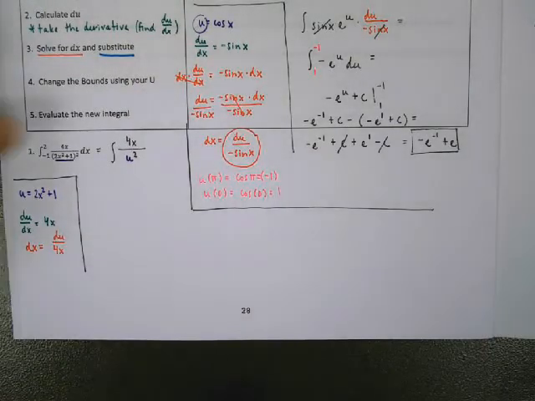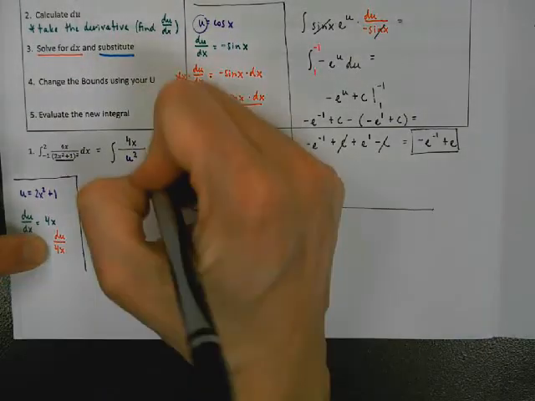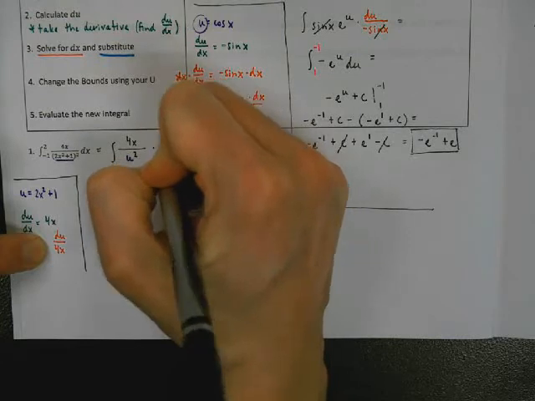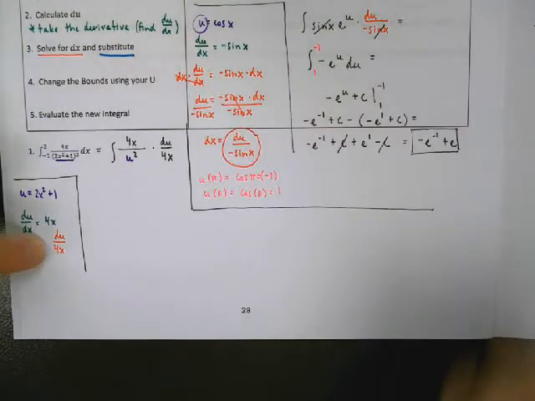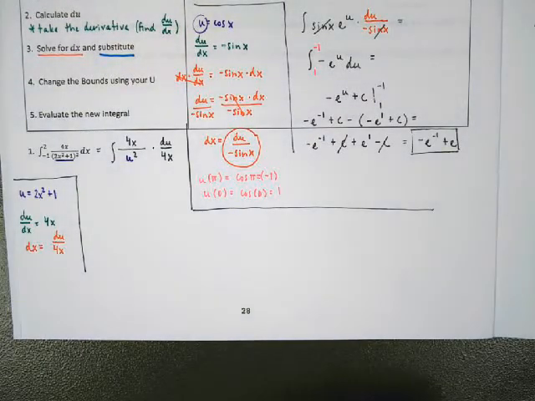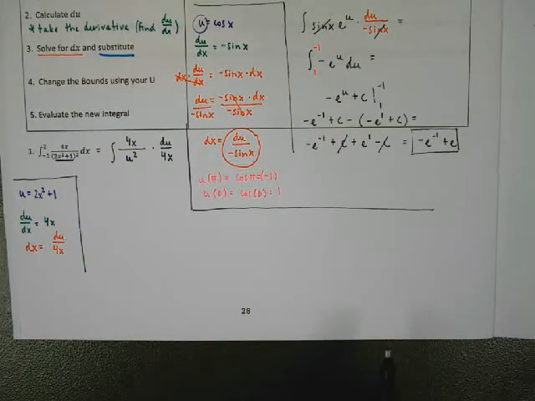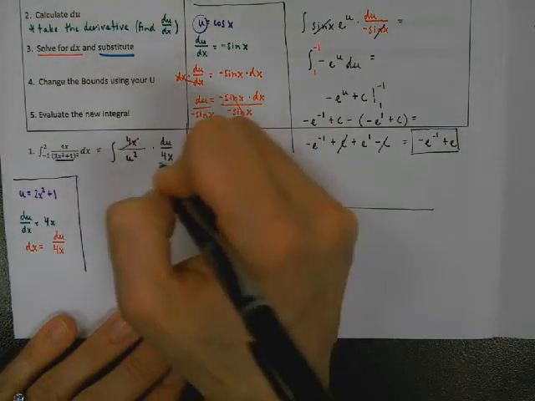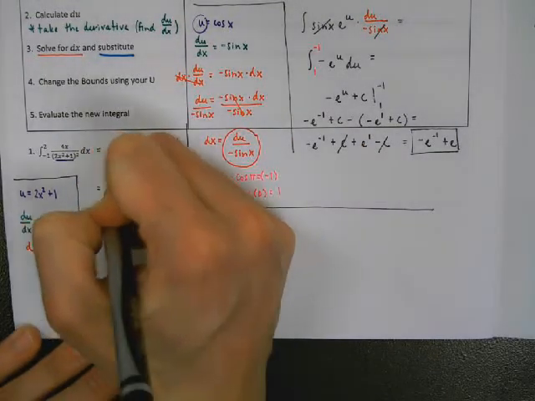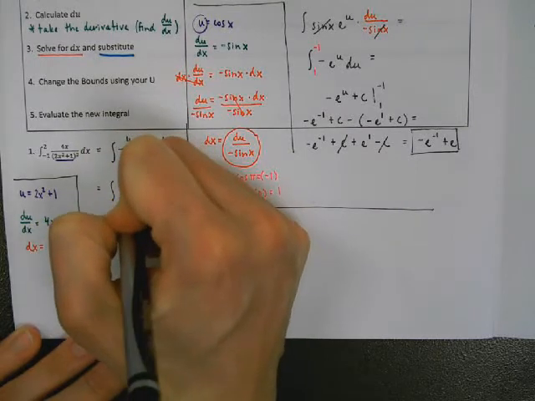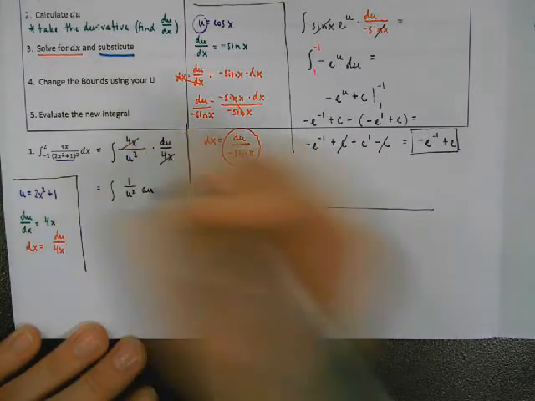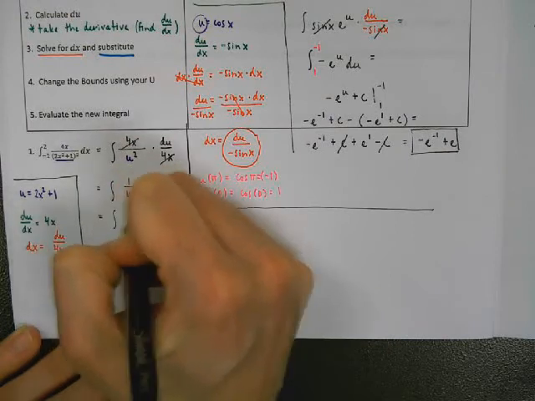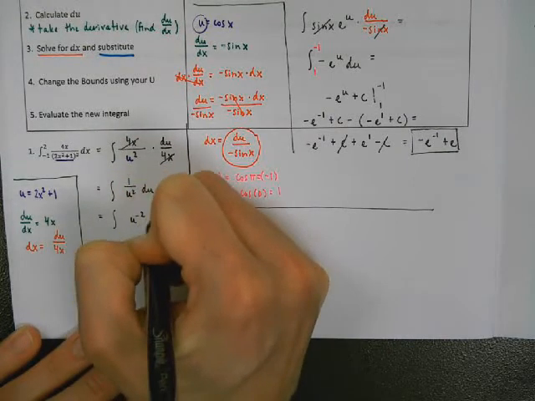And now my dx, I'm going to replace with du over 4x. And remember again, the idea here, if I've done it correctly, all my x terms should be gone. I should just be left with u's and a du. So luckily here, I see my 4x's are going to cancel. And I'm left with the integral of 1 over u squared du. And if it helps, we can consider this as u to the negative 2 du.